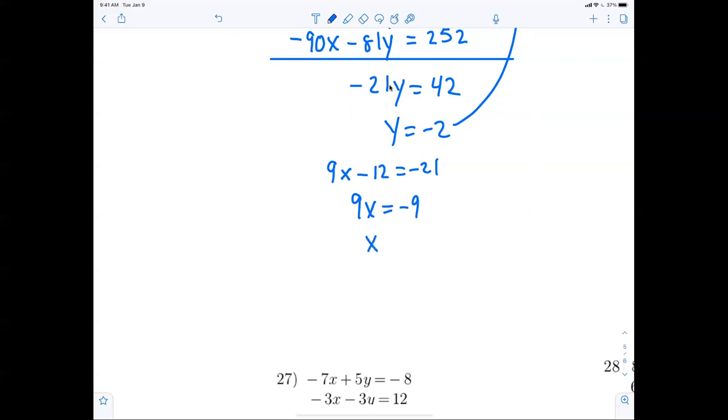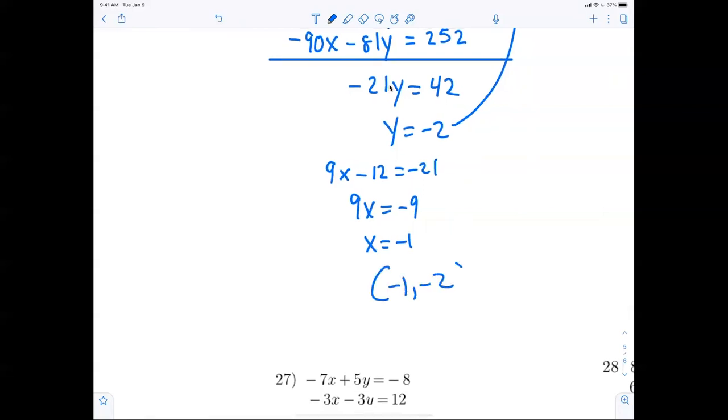So it's 0. Why 0? Oh, it's negative one. See these little mistakes I've been telling you about? So -1, -2. Some of you, it's not that you don't know, you're just making little mistakes.